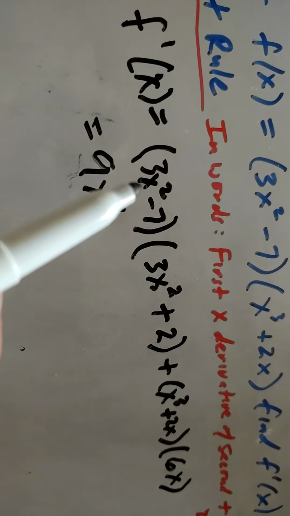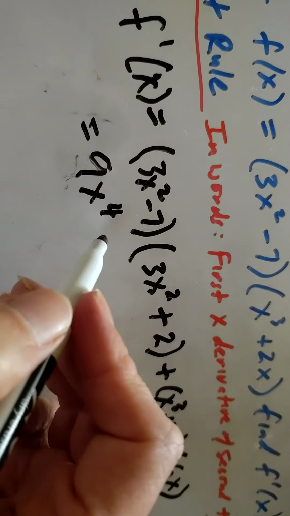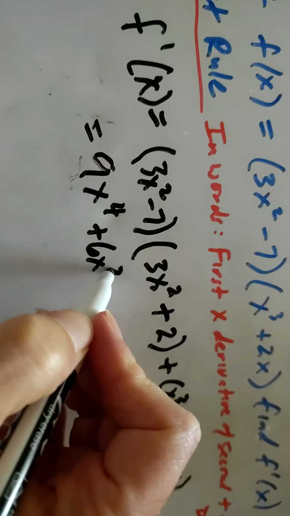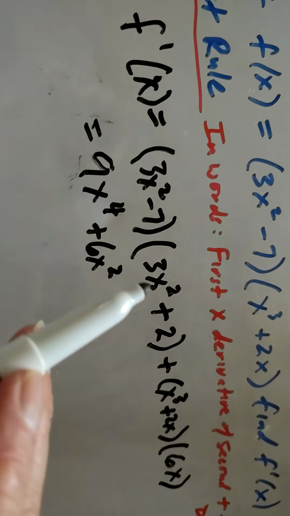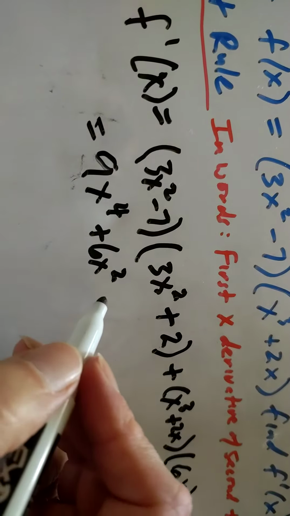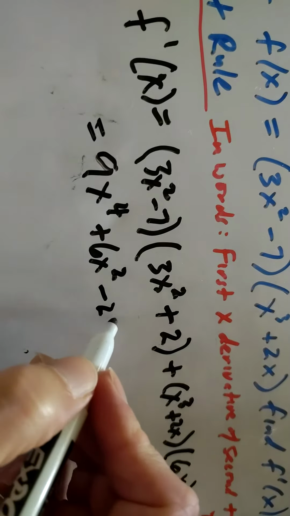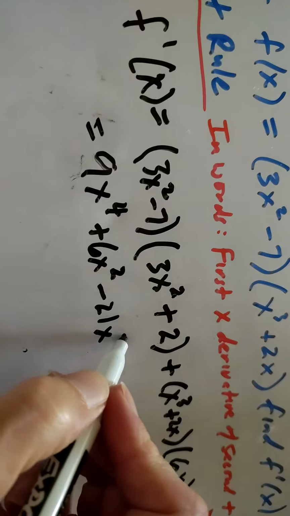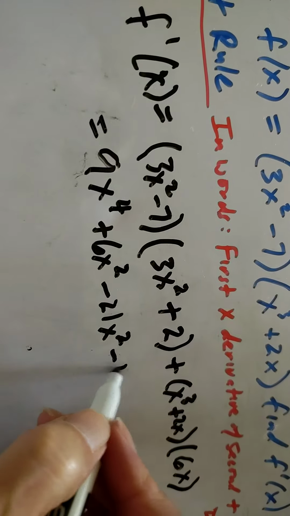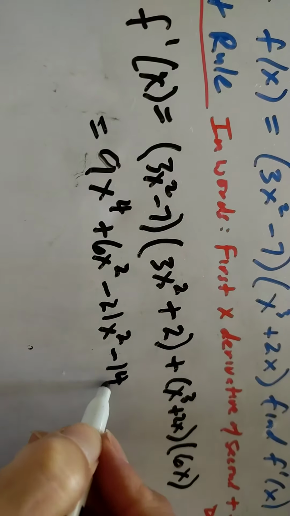And then the outers, 3x squared times 2 is plus 6x squared. And then the inners, a minus 7 times 3x squared is a minus 21x squared. And then the last terms, minus 7 times a plus 2 is a minus 14. So try to get your signs correct.